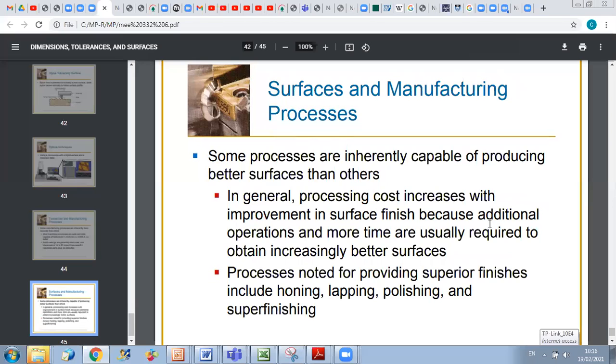For example, forging or extrusion already has a high accuracy, and after this you use super finishing, which will give you better and better smoothness of your surface. Processes noted for providing superior finishes include honing, lapping, polishing, and super finishing.